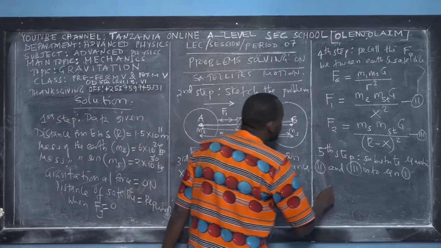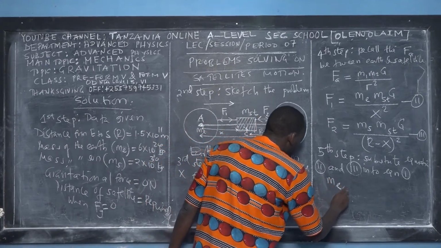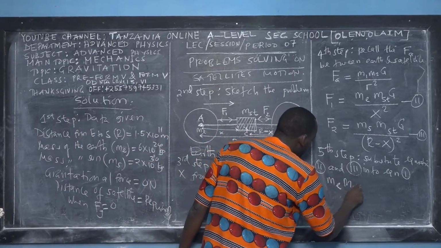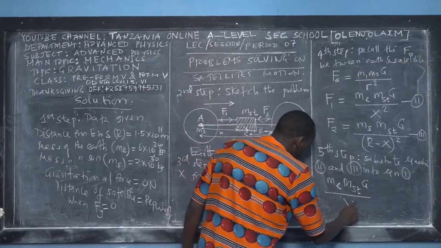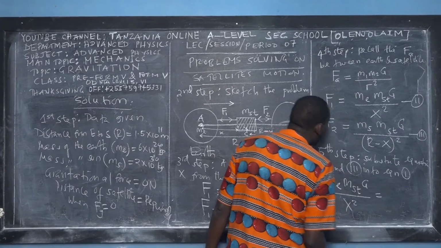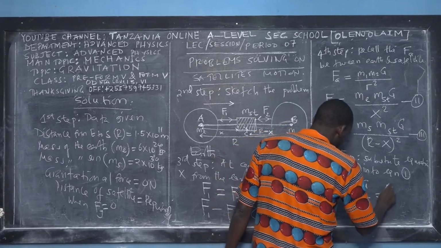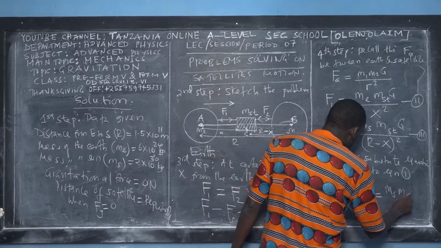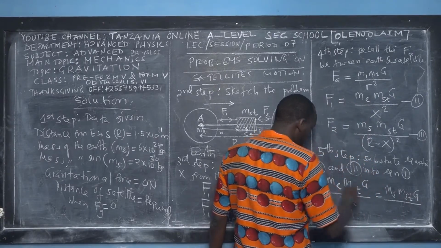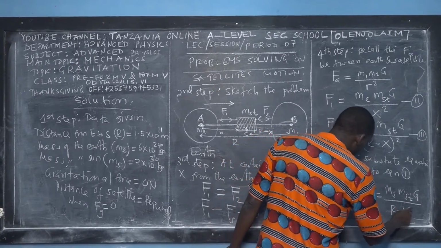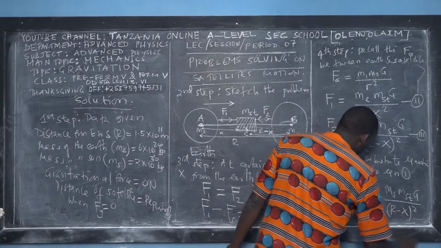If you do that substitution, you find the mass of the S, the mass of the satellite, times the gravitational constant, then you have the distance x, we are looking for that x, and then you have the mass of the sun, the mass of the satellite, the universal gravitational constant, radius minus x squared.